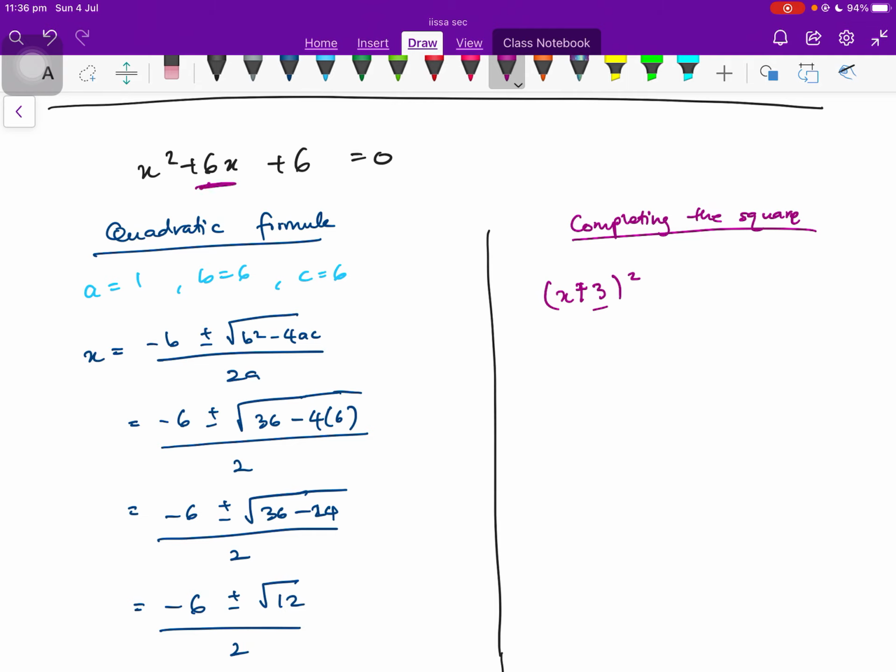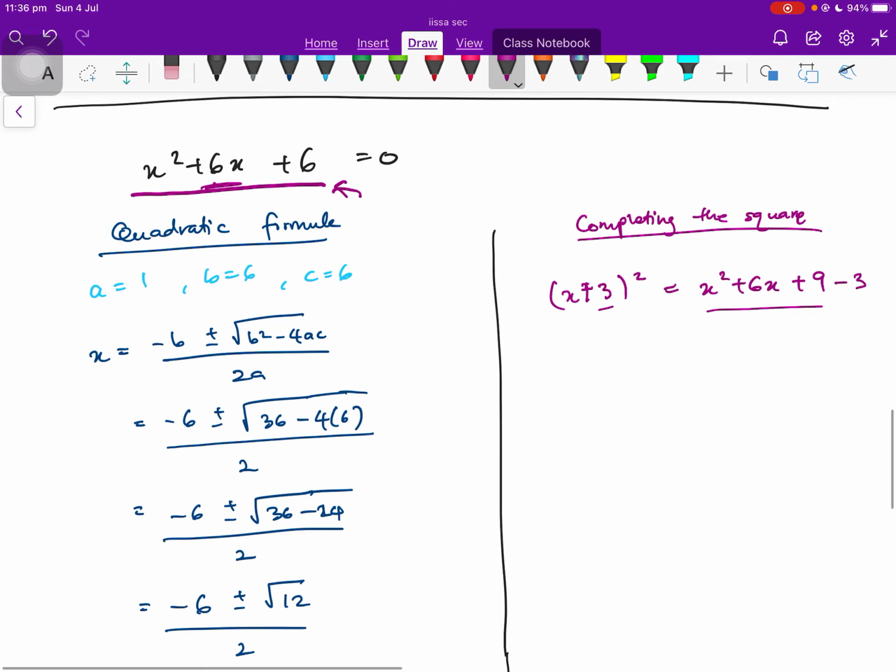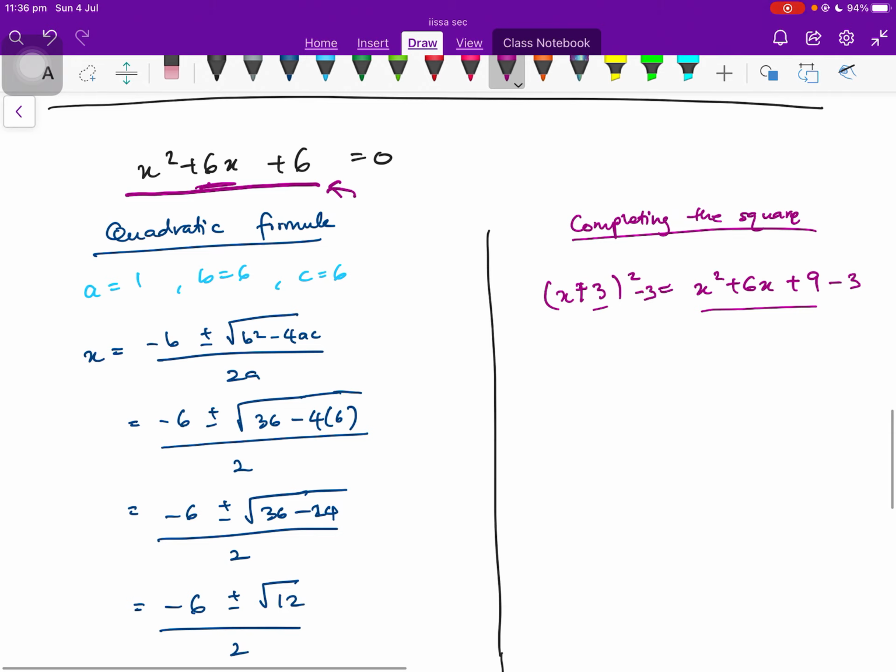If we expand this, it is x squared plus 6x plus 9. What we want is x squared plus 6x plus 6. So we need to minus it by 3, just minus that by 3, and we're going to get that equation.